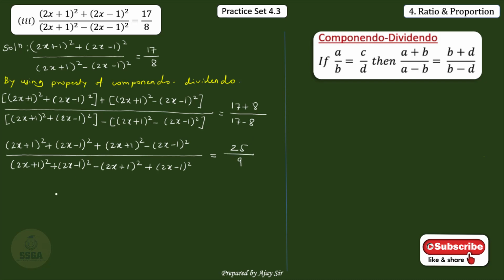Now observe this numerator. This is (2x plus 1) bracket square and this is (2x plus 1) bracket square, and both signs are plus, so these terms get added. But here (2x minus 1) bracket square has a plus sign and here a minus sign, so these two terms get cancelled. Similarly, in the denominator, the terms (2x plus 1) bracket square, one plus and one minus, are the same terms with different signs, so they get cancelled.